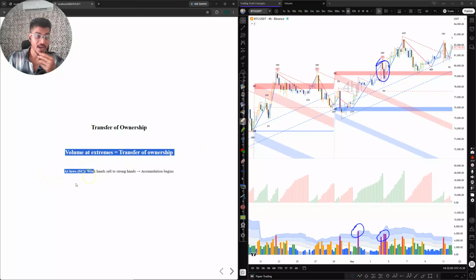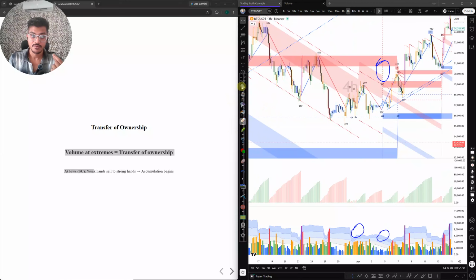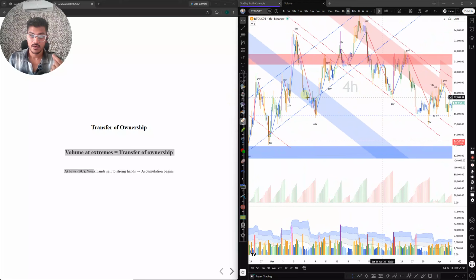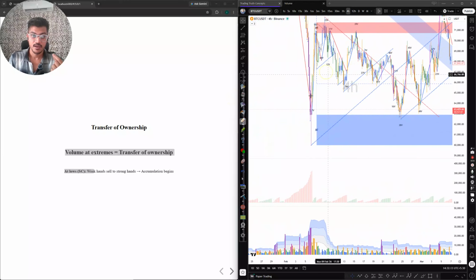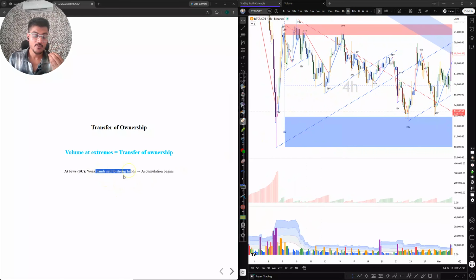You can see at lows, on the selling climax around here, we see weak hands sell to strong hands. Weak hands are selling to strong hands, and this is where accumulation begins.